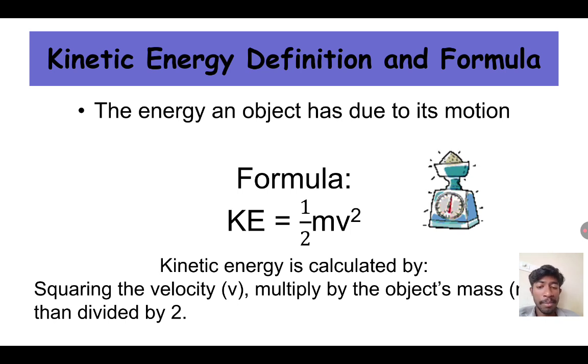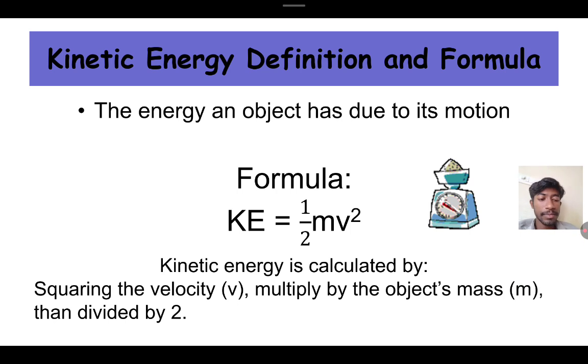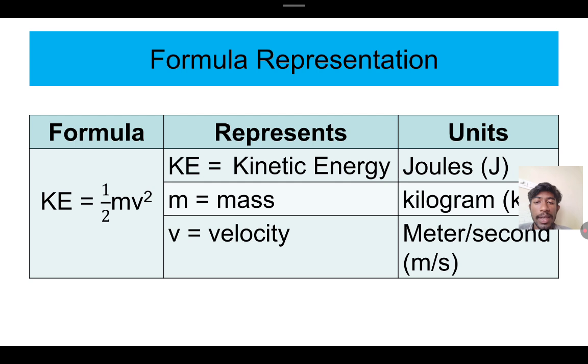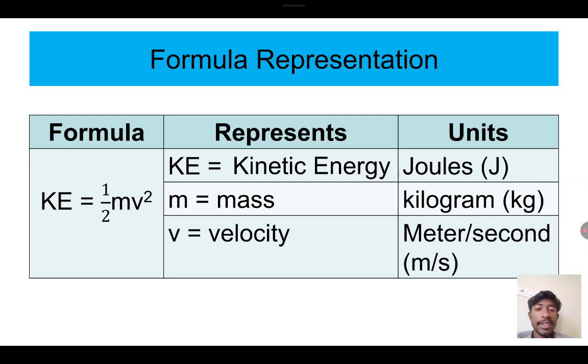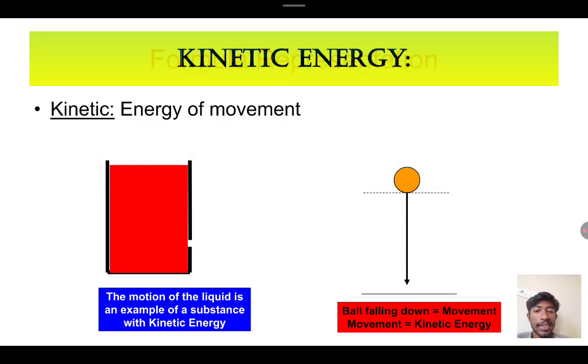Here m means mass and v is velocity. So its units: kinetic energy will be in joules, mass in kilograms, velocity in meters per second.